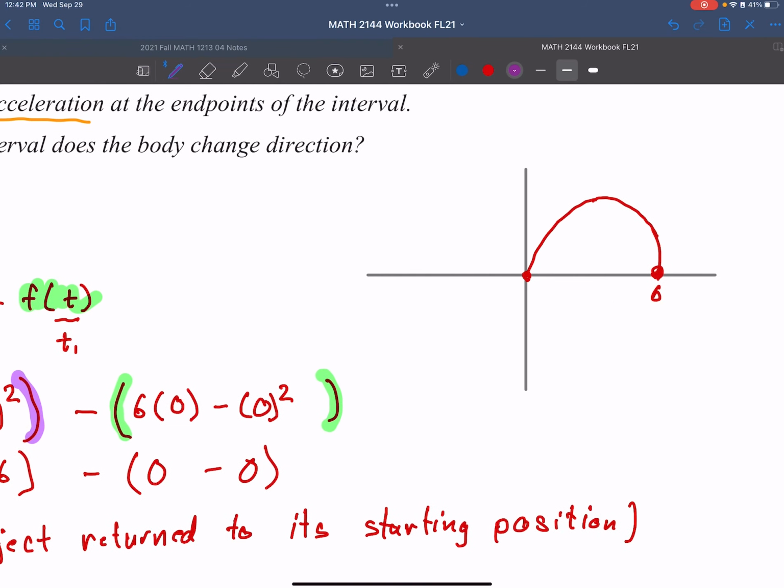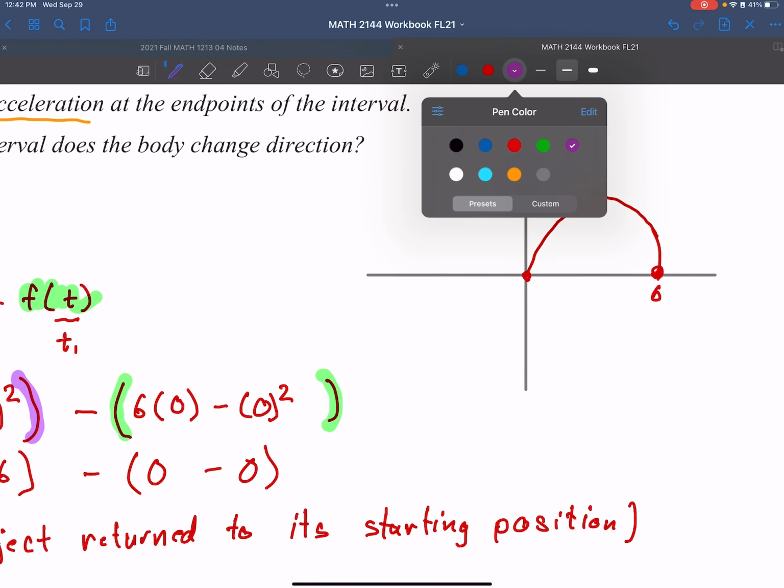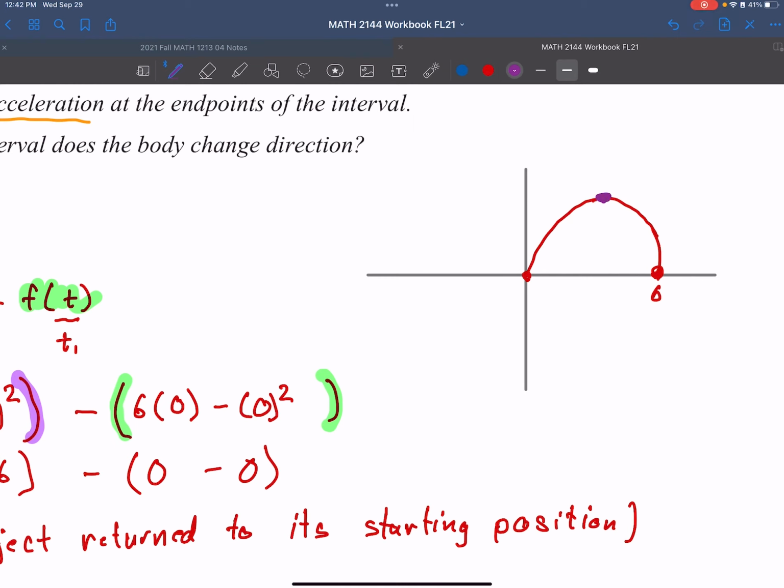But think about, in terms of the derivative, what is happening there? If we consider the tangent line, the slope of the tangent line is 0. So you can see right here, m is equal to 0 when the direction changes.